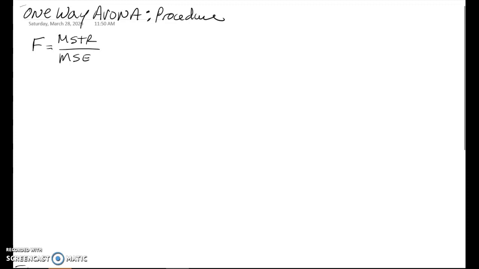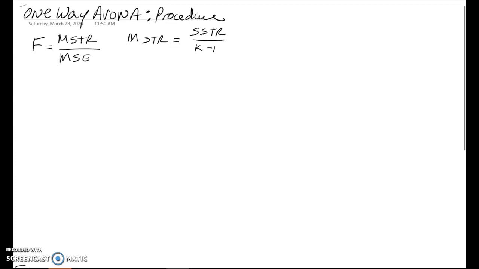In the last section of this chapter, we will look into how technology is going to show us where those differences do exist. So again, recapping, your MSTR, the mean square of the treatment, is equal to the treatment sum of squares divided by the degrees of freedom, which is k minus 1.